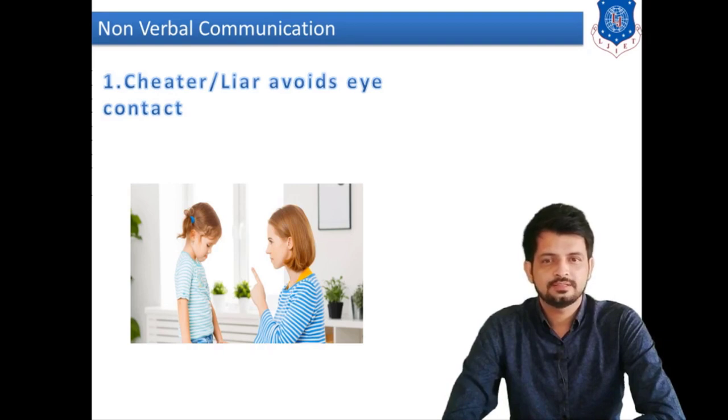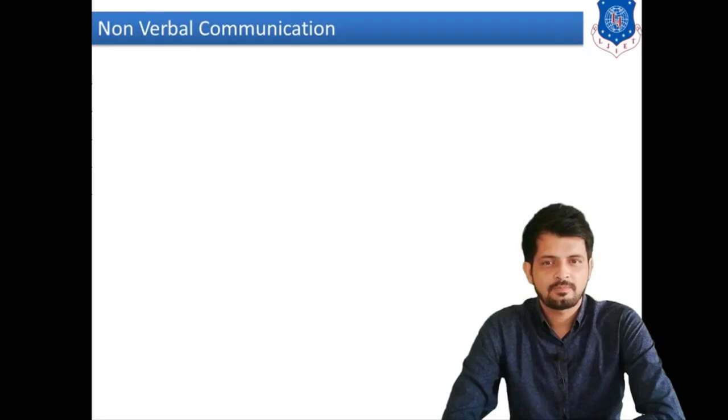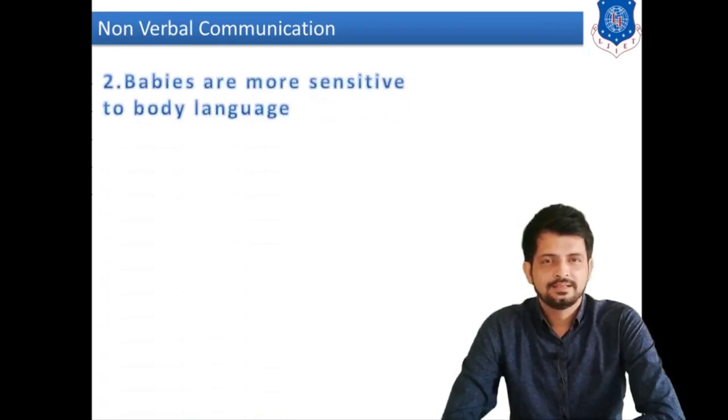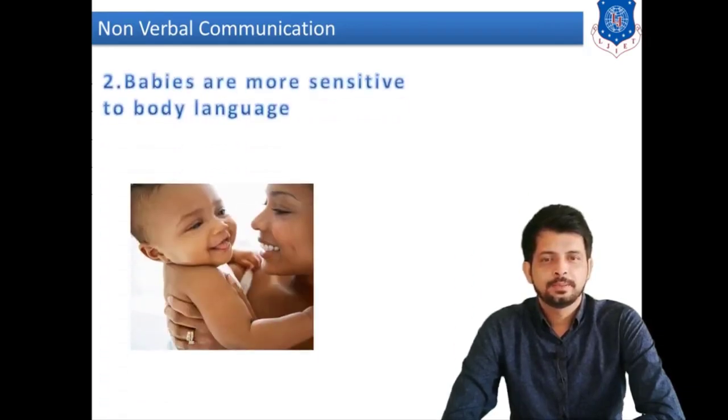If you think it is true, then write true, or you can also write false. The second question is: babies are more sensitive to body language. You have to write the answer in true or false.